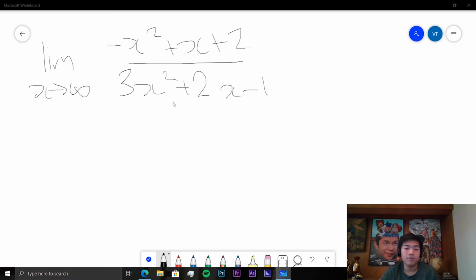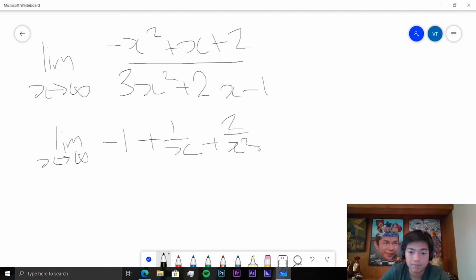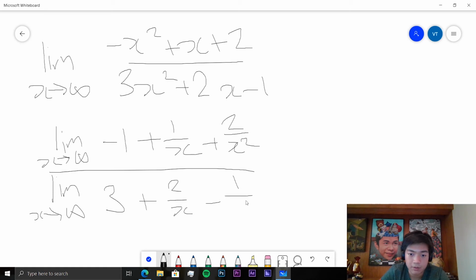And so we need to divide all of this by the highest power of x, so this will be equal to the limit as x tends to infinity of (negative 1 plus 1 over x plus 2 over x squared) over the limit as x tends to infinity of (3 plus 2 over x minus 1 over x squared).